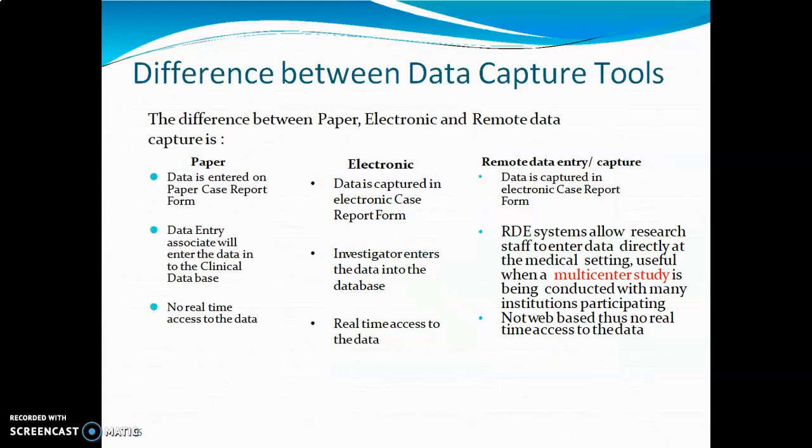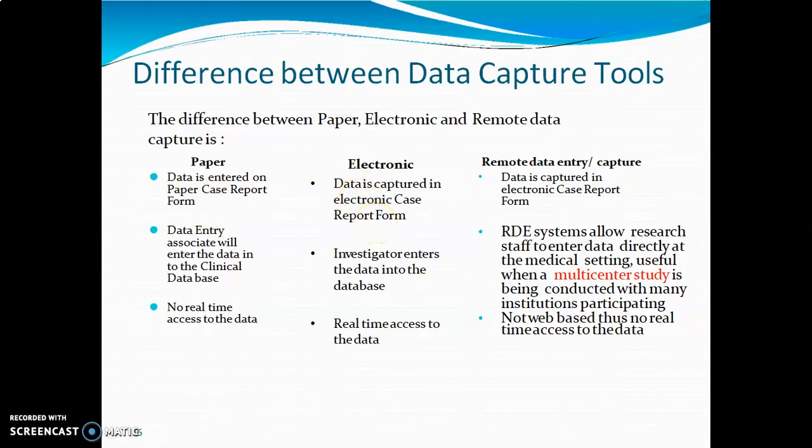Now let us see the data capture tools. As I said, it can be done on paper, or electronically, or through a remote data capture system. In the traditional paper system, data is entered on the paper case report form, whereas in the electronic system data is captured in electronic case report forms.